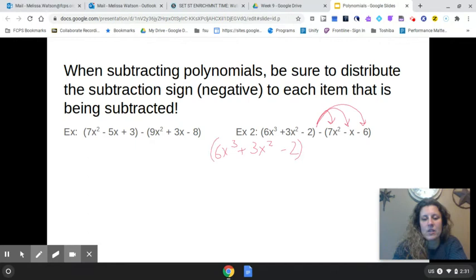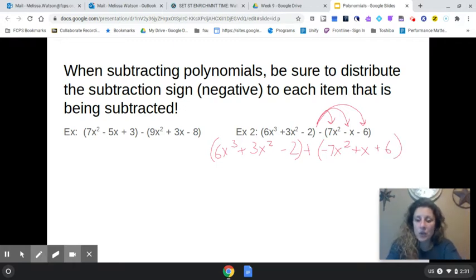And once we distribute that negative, we are going to be adding the polynomial. Negative times 7x squared is negative 7x squared. Negative times negative x is positive x. And negative times negative 6 is positive 6.